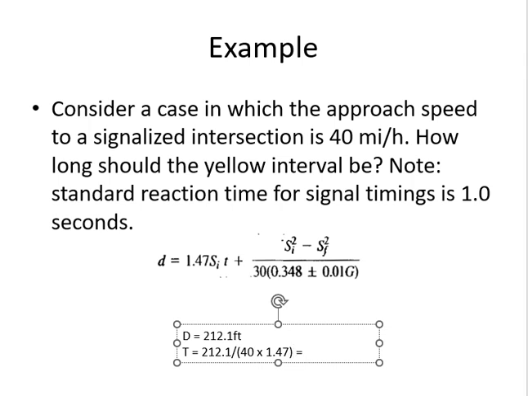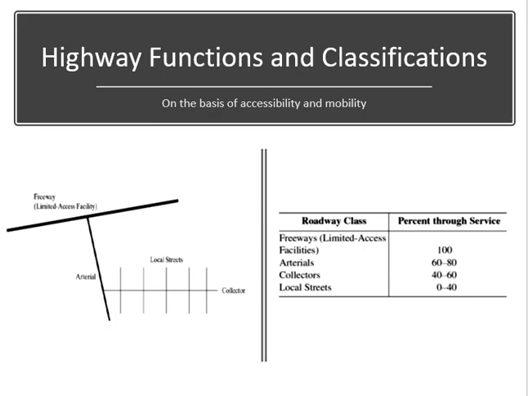Any driver who is at a distance of 212 feet will see enough yellow at a speed of 40 miles per hour. How much? So most critical case, the driver who is exactly at distance D, and even this driver will reach the stop line during yellow. Clear? This is how we got the equation of yellow interval in signal design topic. Any questions?